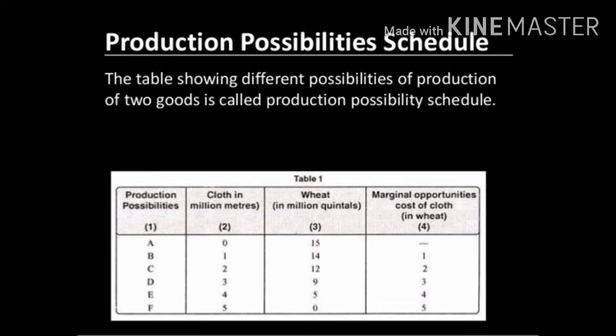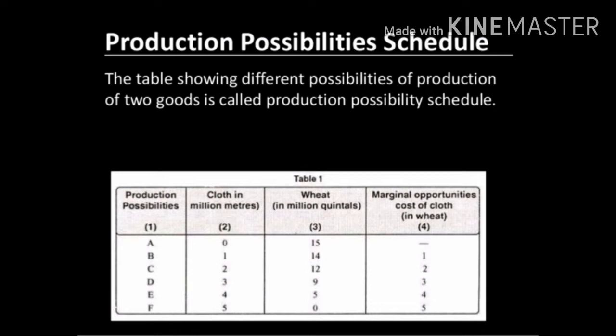This tabular column will help us to understand the production possibility curve in a better way. Here is the schedule of production possibility curve. This tabular column shows two combinations of goods produced in an economy. One is cloth, the other one is wheat. Suppose an economy wants to increase the production of cloth, then it has to sacrifice the production of wheat.